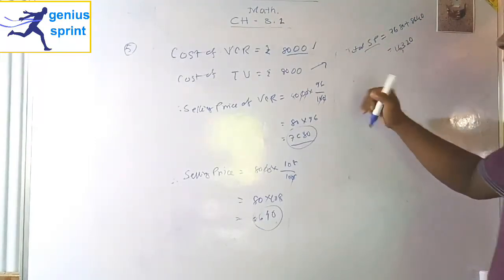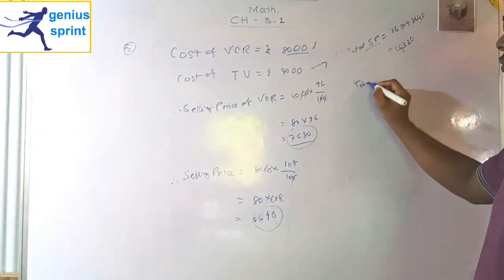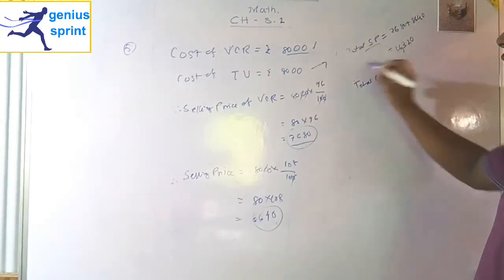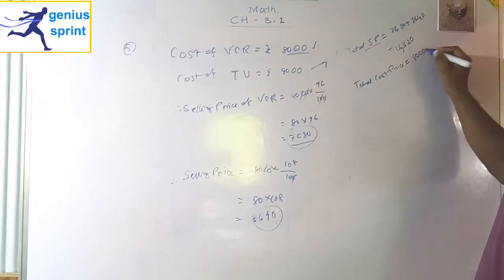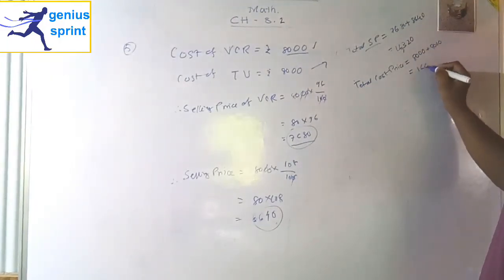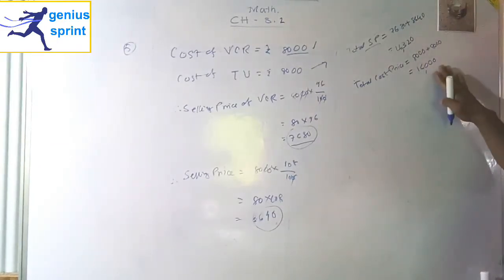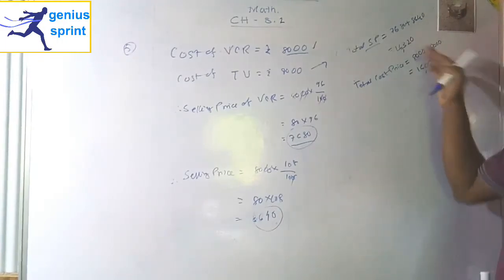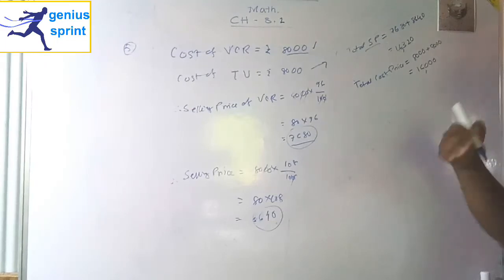Now what was his total cost price? Total cost price is equal to 8,000 plus 8,000. I will make you understand why I am adding these, because we have to calculate the overall profit or loss percent. See, 16,000 was his total cost price and 16,320 his total selling price.